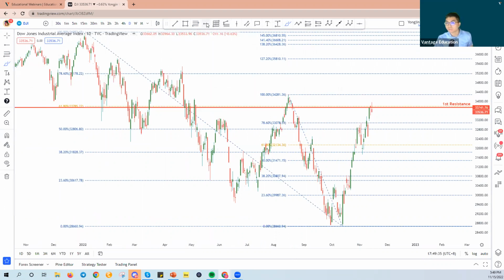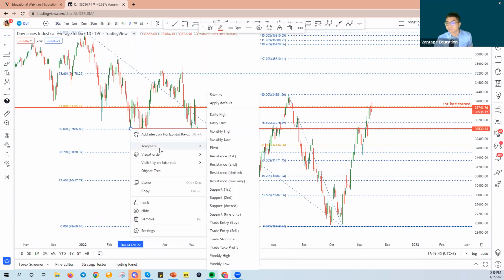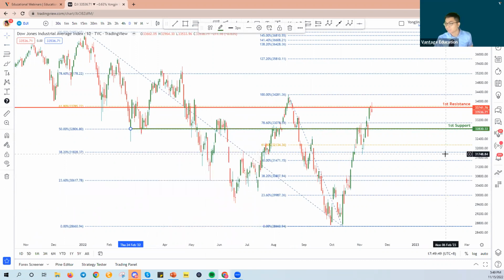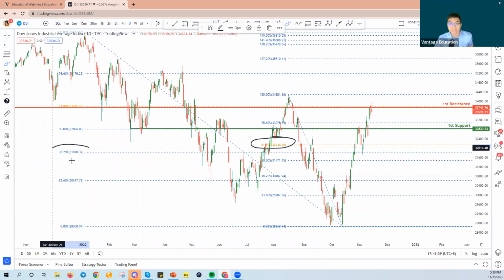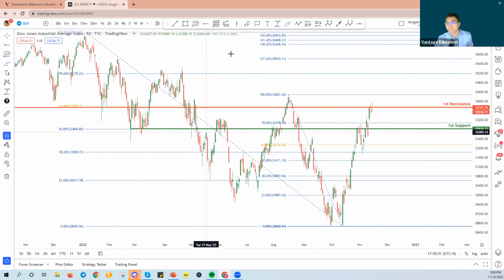So yeah, I can start to draw a potential support at this area, maybe here. Just a best fit line. I'll state it as the first support that price broke. The next supports that we can potentially look at are the 61.8% retracement Fibonacci line and the 38.2% Fibonacci line.